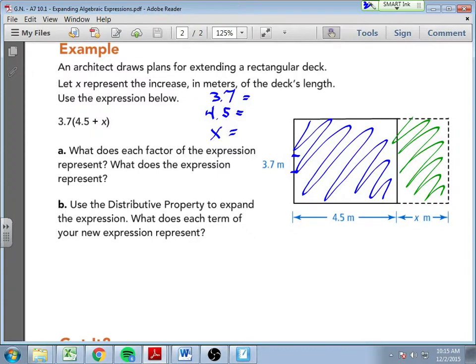You walk out on the patio. When you look at this, what do we call that normally? The width. So the 3.7 would be the width of the patio. That then would make the 4.5... James, what would the 4.5 be?